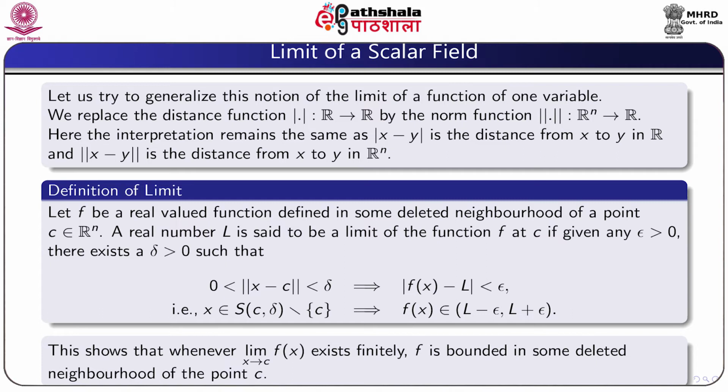The last line gives us something more. It shows that whenever limit of f(x) as x approaches c exists finitely, f is bounded in some deleted neighborhood of the point c.